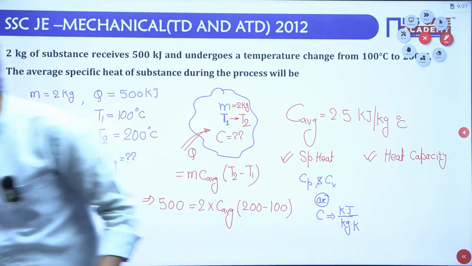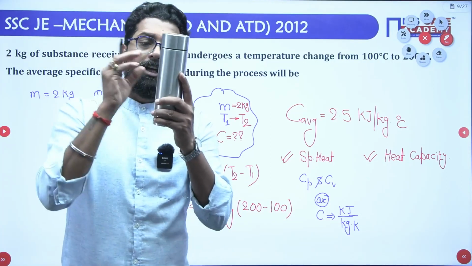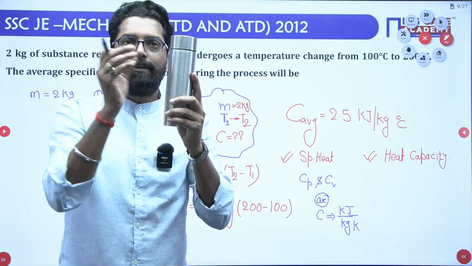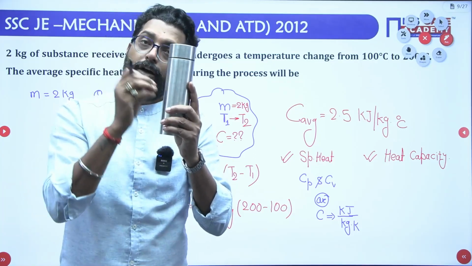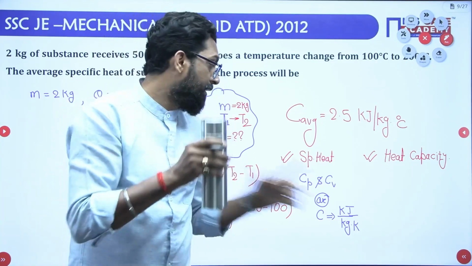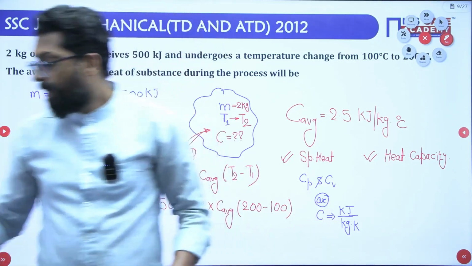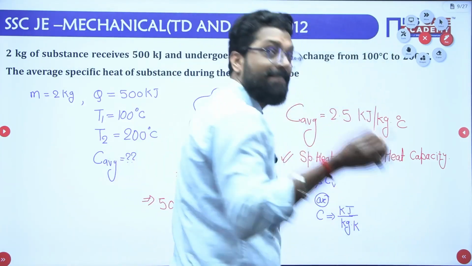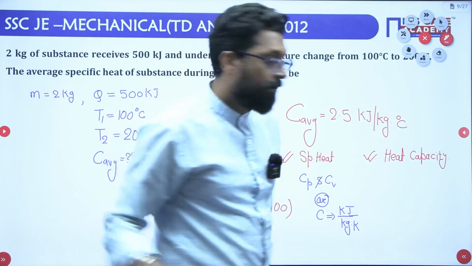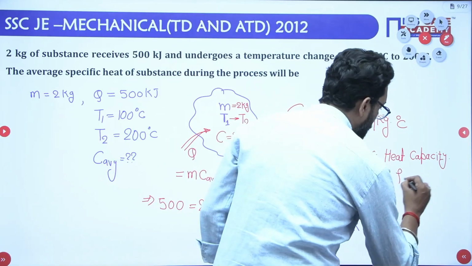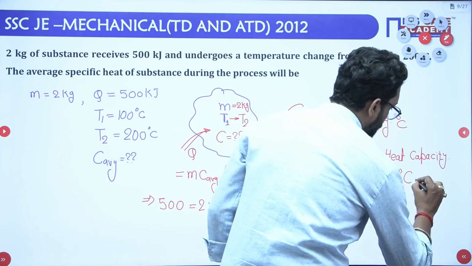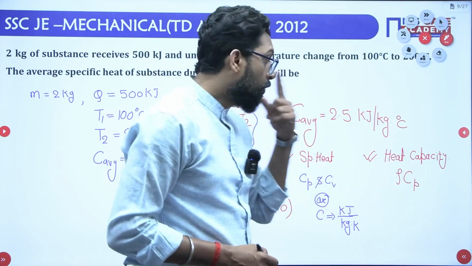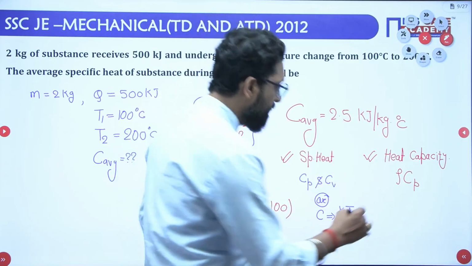So if there is water in a container and that water has some mass, according to that mass there is an energy, that is your specific heat. And heat capacity is what, beta? If you have the density of that fluid, rho, multiply with the specific heat. So what is the unit of density?